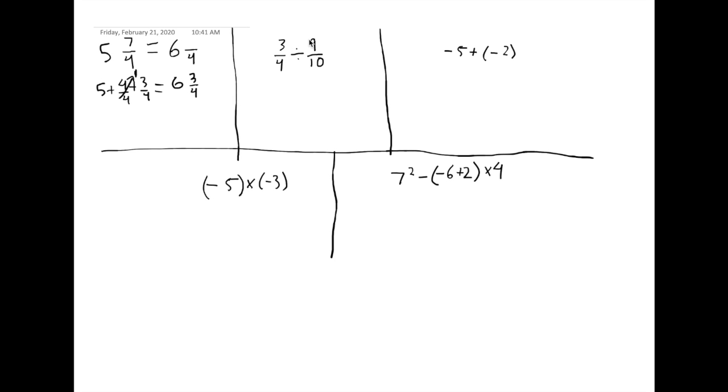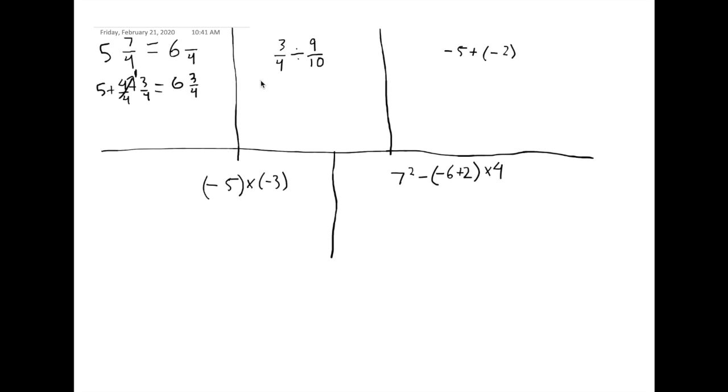So if this were multiplication, it would just be 3 times 9, which is 27, 4 times 10, which is 40. So you'd have 27 over 40 if it were multiplication. Division is the opposite of multiplication. So how that applies to this problem is you just basically flip this number. So you'd get 10 over 9, and this would become multiplication.